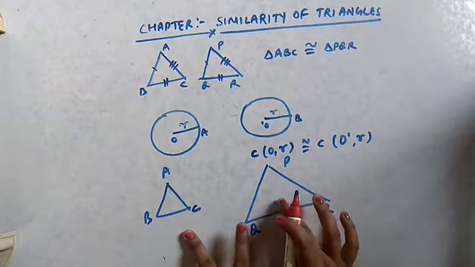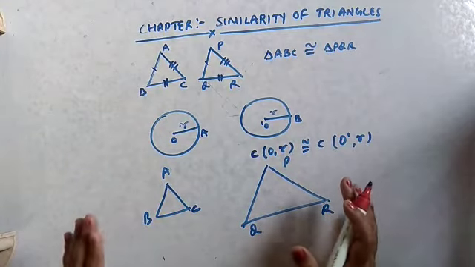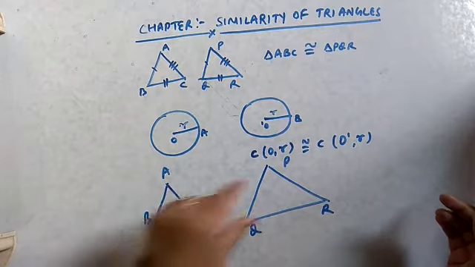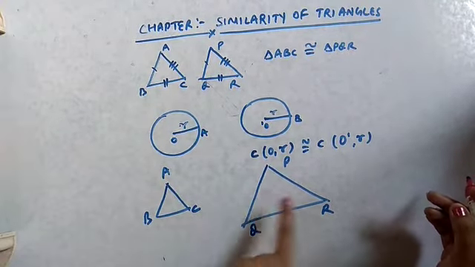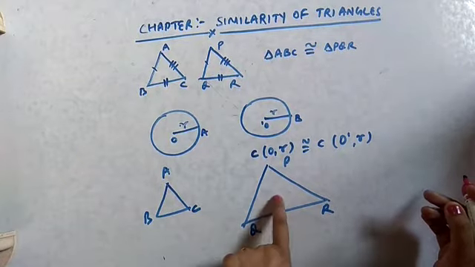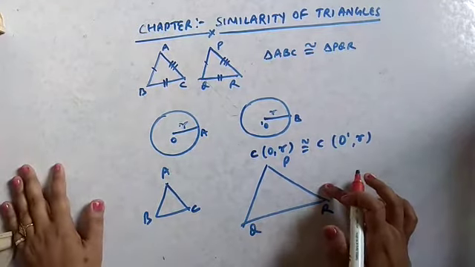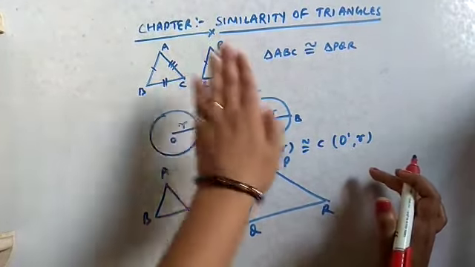They both are triangles, they have three sides, but they are not equal in size. When we cut a piece of this triangle and keep it over this one, it will not overlap on each other. So in this way, we cannot say that triangle ABC is congruent to triangle PQR.